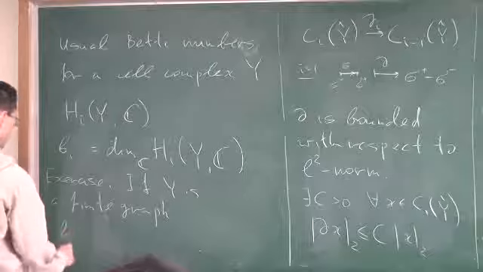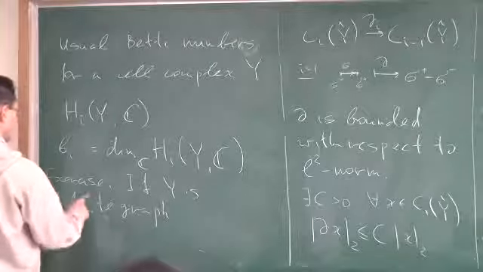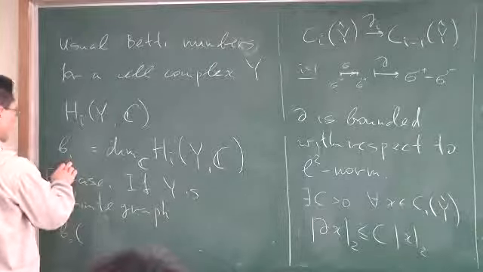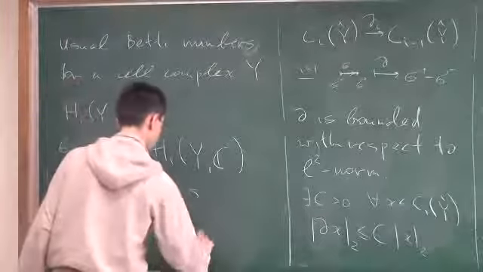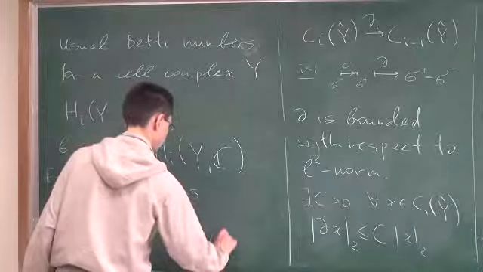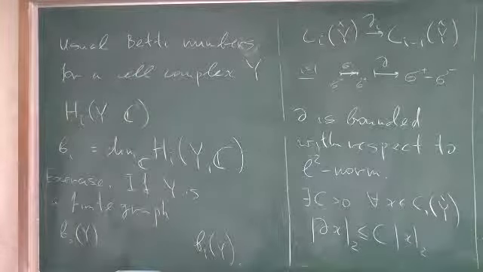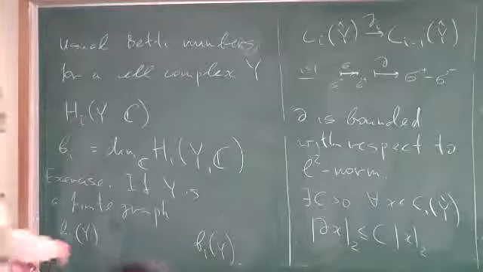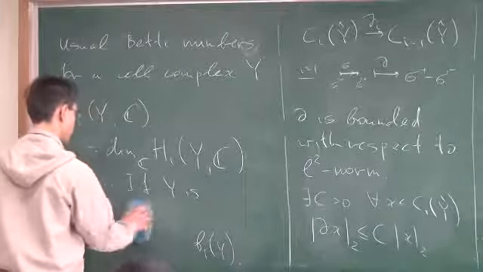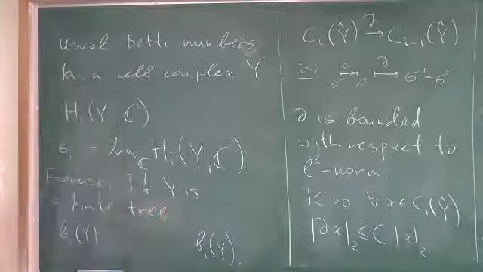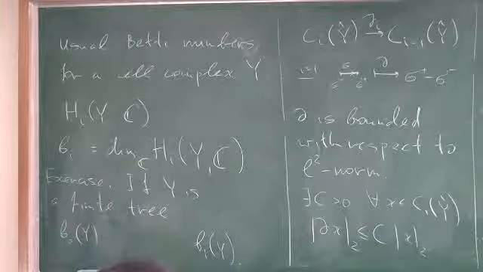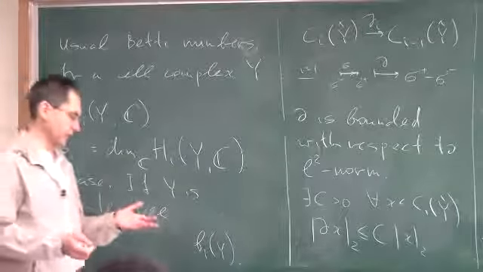So what is b_0 of Y, b_0 and b_1? What's the answer? Let's see. How about we take a tree, say a finite tree? That should be an even more specialized case, right? So Y is a finite tree.